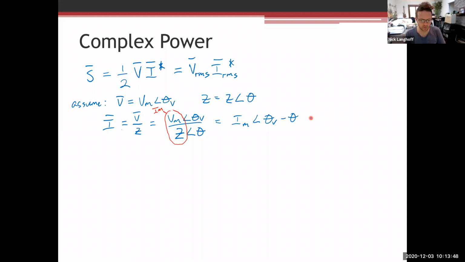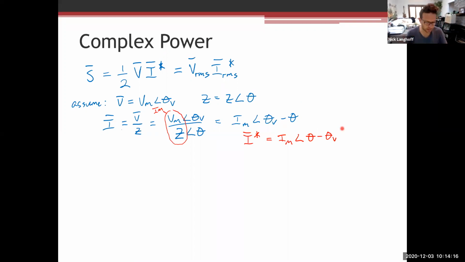Which then means that the conjugate of the current phasor, I conjugate, would be I max at a phase angle of, we have to switch these, if it's theta V minus theta, then this would be theta minus theta V.